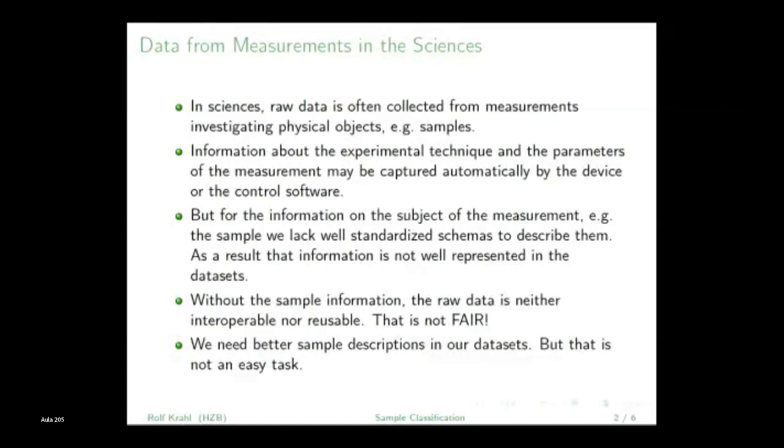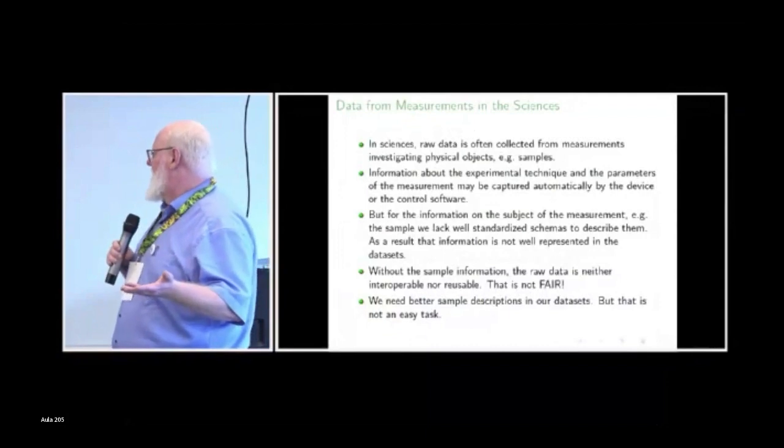And that is the reason why we often lack proper information about the sample in the data set that we produce. And we also lack a very standardized schema to describe those samples. As a result, in the data sets, we are missing that essential piece of information.